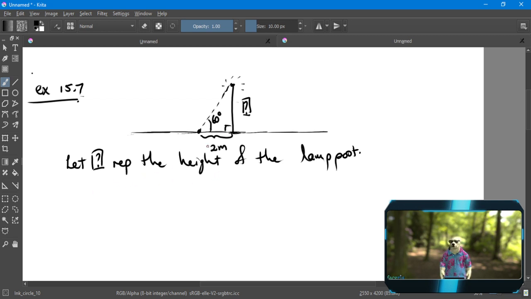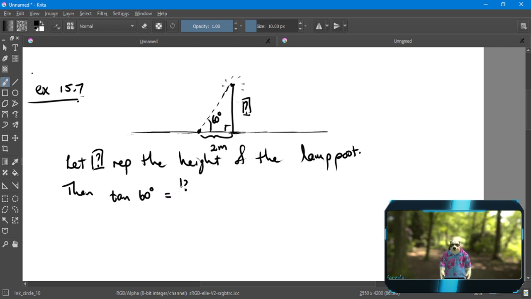Now, in my triangle, I have a 60-degree angle. I might as well work with this one. I have an adjacent side, and I have the opposite side that I'm interested in. So I'm going to use the tan function. It's the tan of 60 degrees.